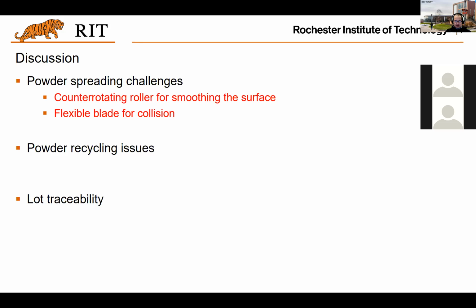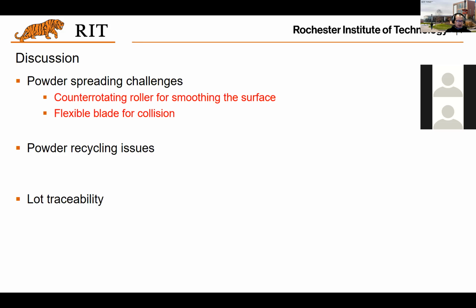And because you cannot achieve 100% printing accuracy, there could be some inaccuracy on the parts, and that could cause a collision between the blade of the spreading roller and the printed parts.